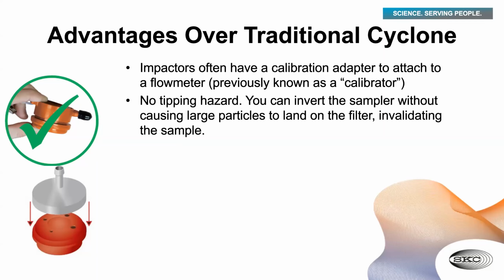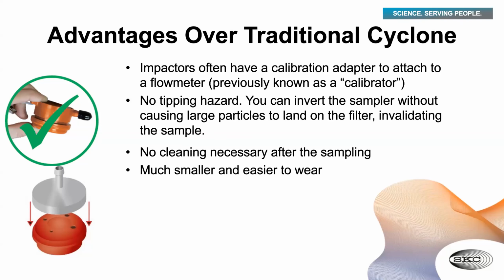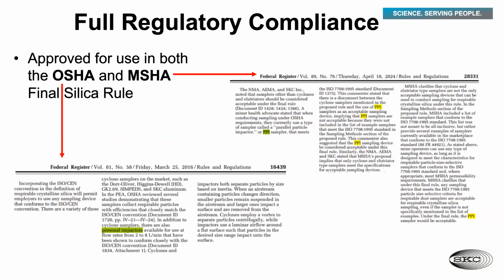So whether it's right side up, left, right, up, down, it makes it very simple and easy to use, and you make sure particles aren't flying off from the grit pot onto the actual filter itself. These particular ones are disposable, so no cleaning is needed. You simply cap them and send them to the lab to be analyzed. They're smaller and easier to wear. You'll see some pictures later on with them mounted on somebody, and you'll see the size of these compared to a cyclone.